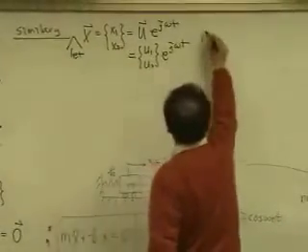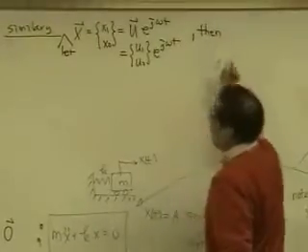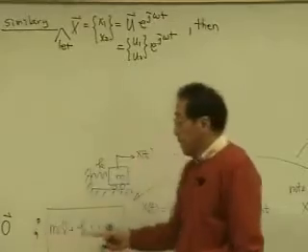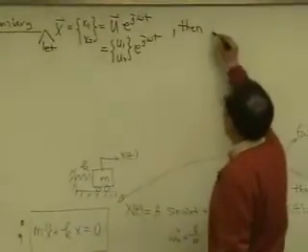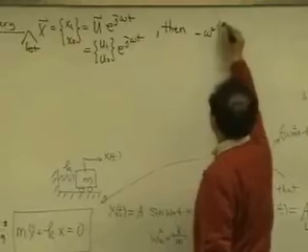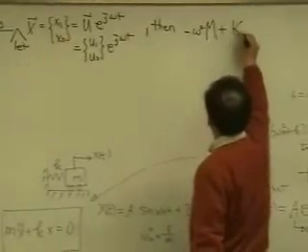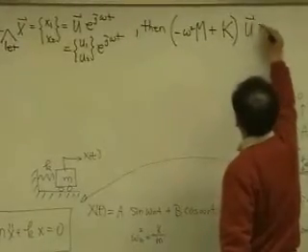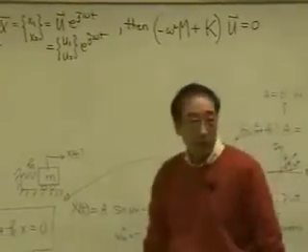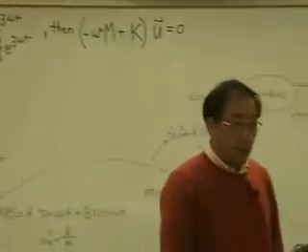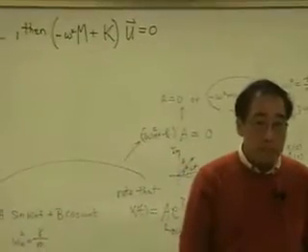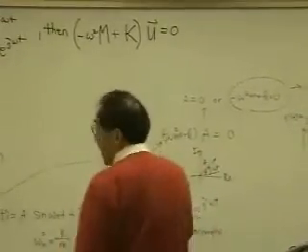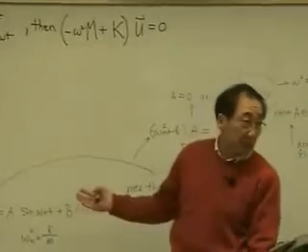Then what I have is, okay, in matrix form, minus omega square M plus K and u vector is equal to 0. Okay? I'm emphasizing again, I'm following exactly what I did for a single degree of freedom system.